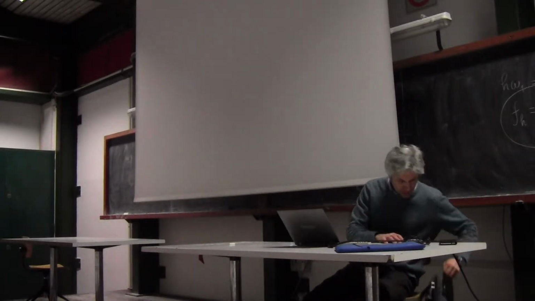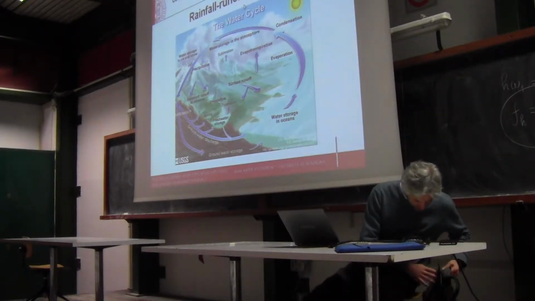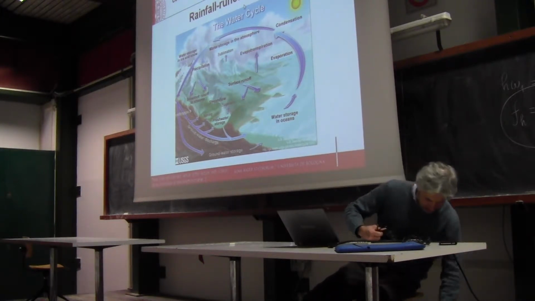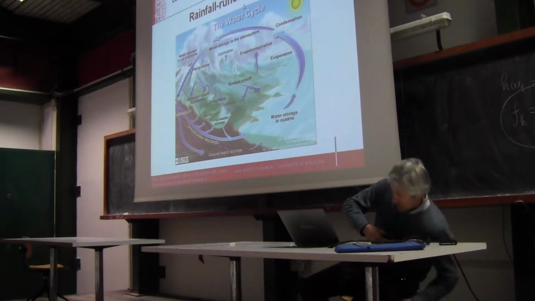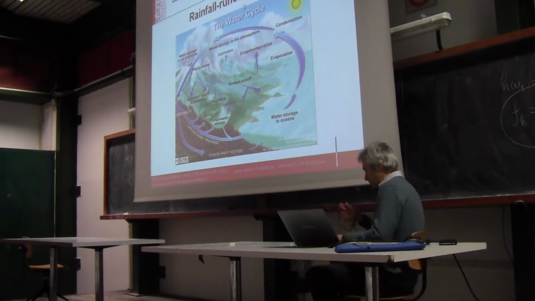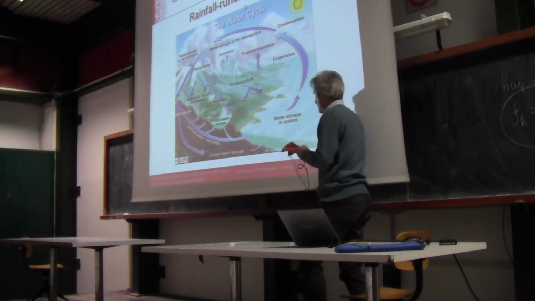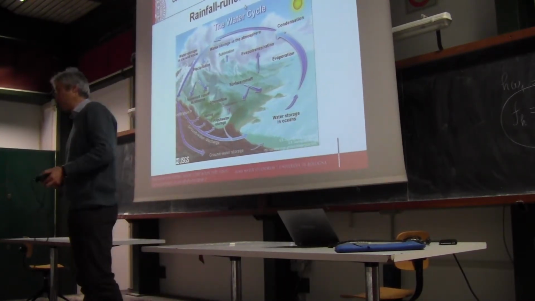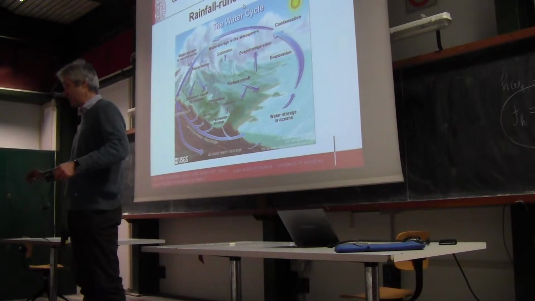Just 1 second. This is, as I said, an exciting topic, and what is the reason why it is exciting? First of all, because it is potentially able to provide a very exciting solution to the problem of estimating water resources availability.